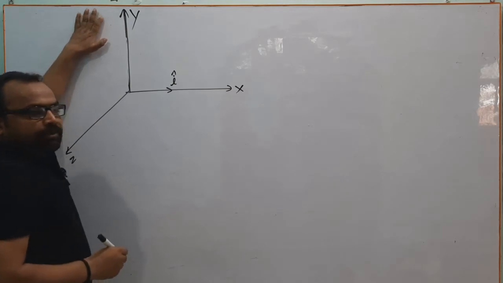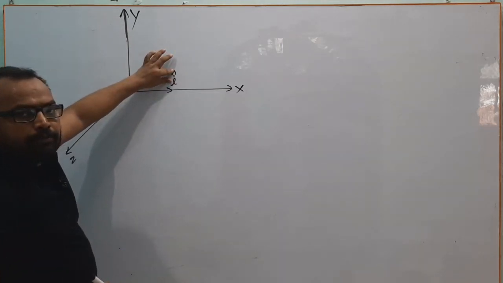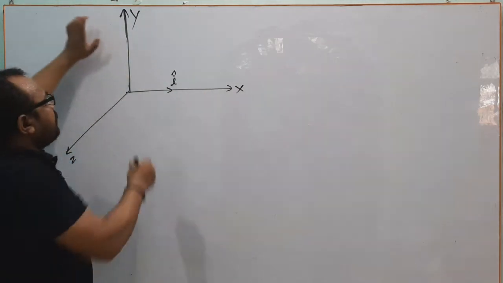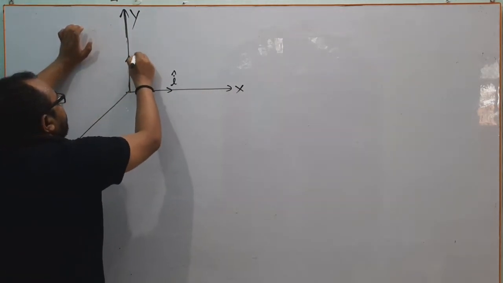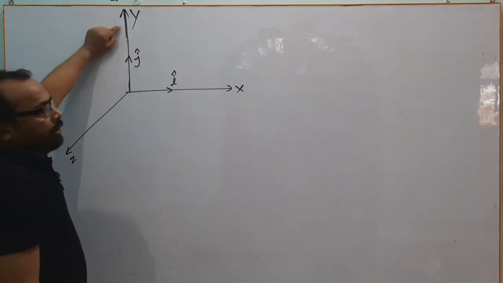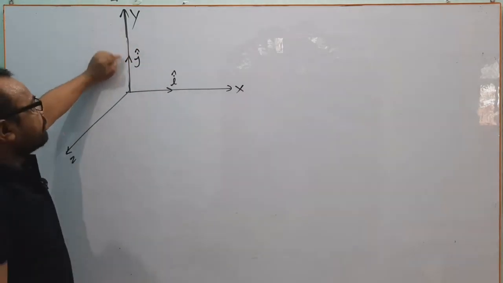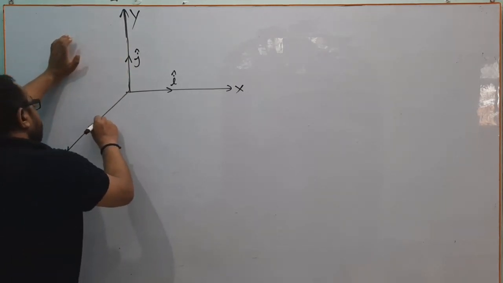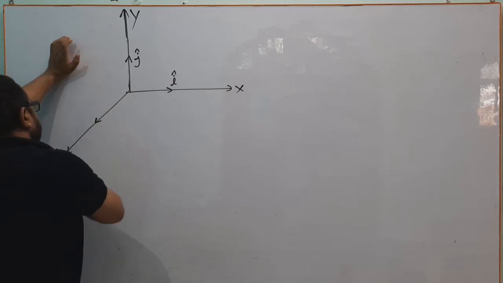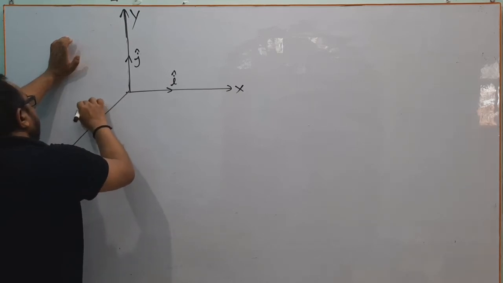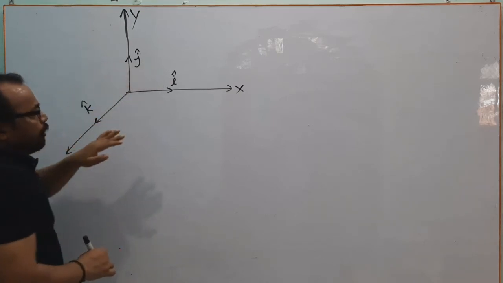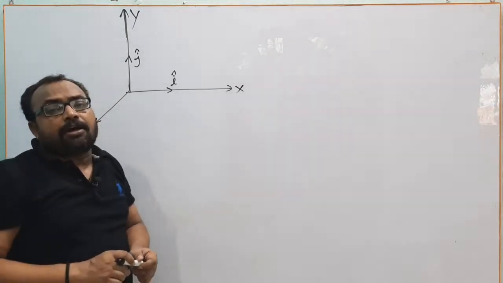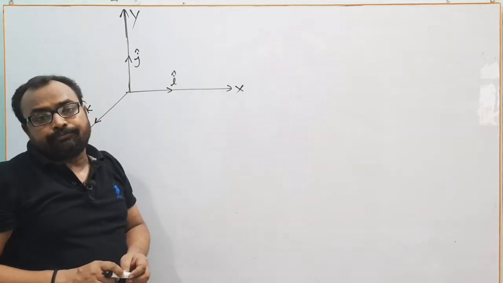This unit vector represents the direction of the positive x-axis, and unit vector j cap is taken along the direction of the y-axis, and similarly the unit vector along the direction of the positive z-axis is k cap. These are three orthogonal unit vectors. Orthogonal means these three unit vectors are mutually perpendicular to each other.